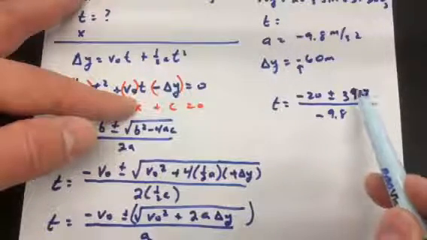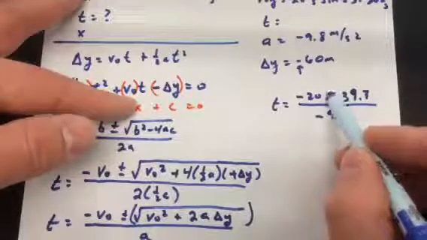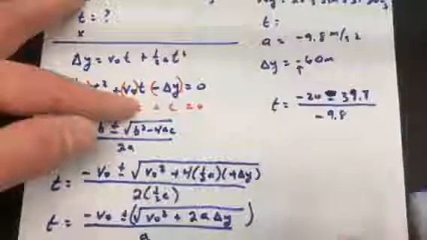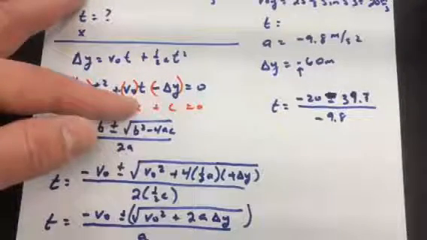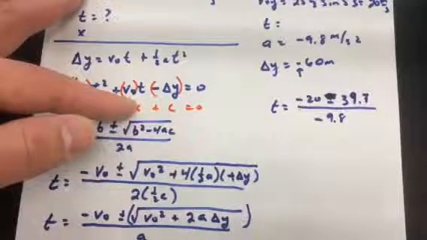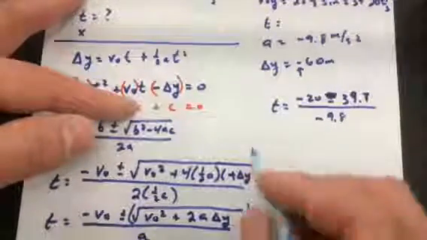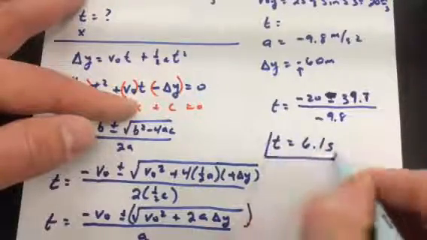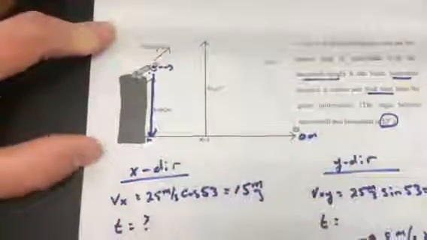A positive number divided by a negative number gives me a negative number, so the addition here is not going to give me a time that exists. If I do negative 20 minus 39.7 divided by negative 9.8, I get a positive time equal to 6.1 seconds. And that is the total time that the object is traveling in the air.